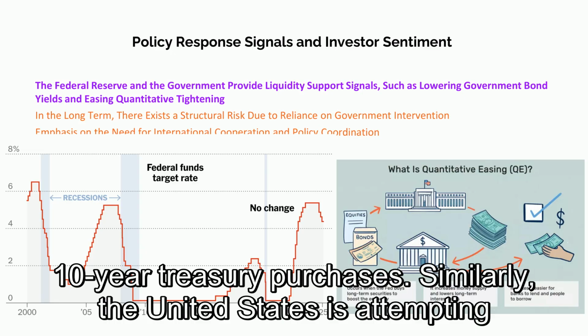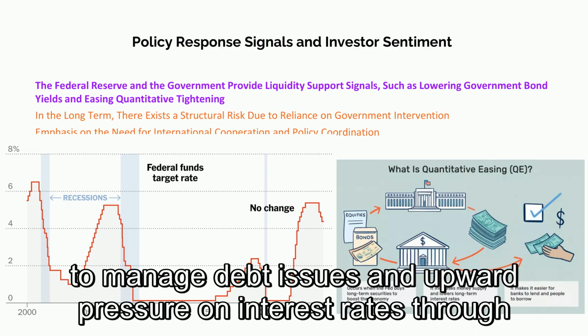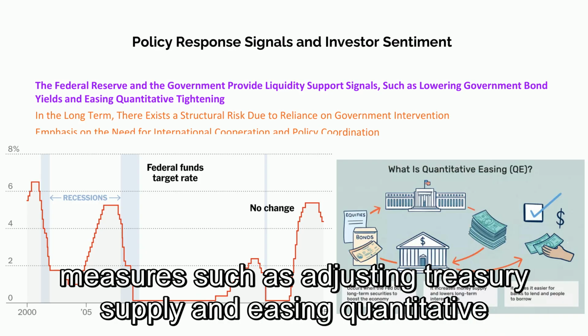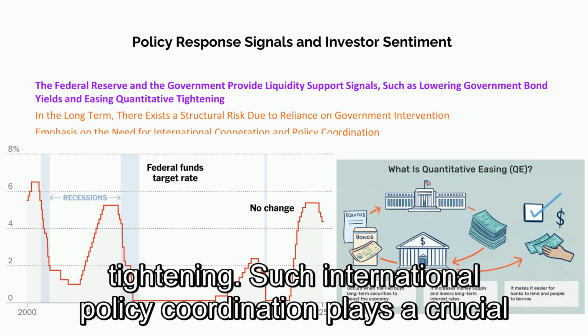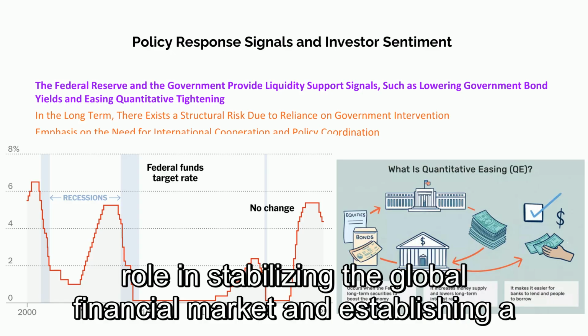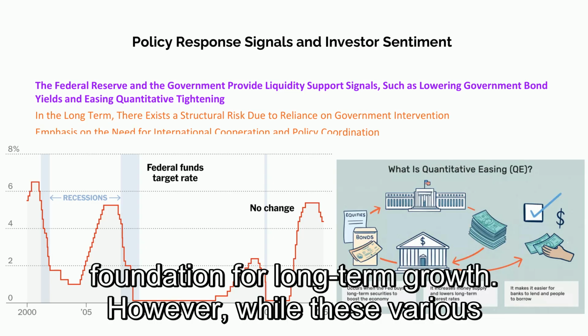Similarly, the United States is attempting to manage debt issues and upward pressure on interest rates through measures such as adjusting Treasury supply and easing quantitative tightening.